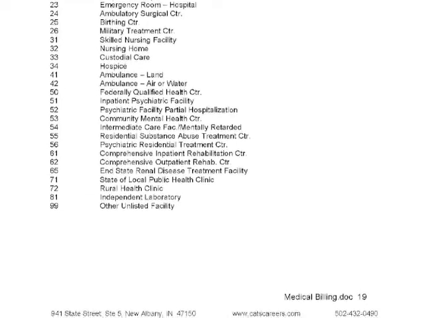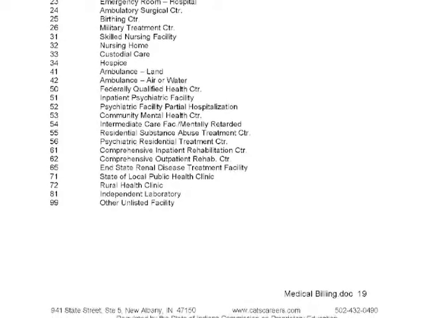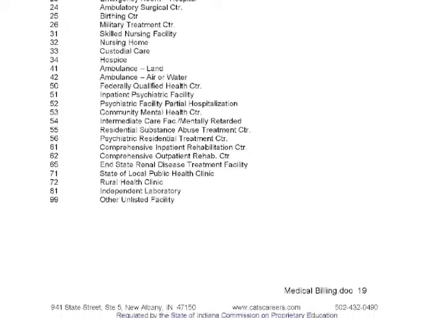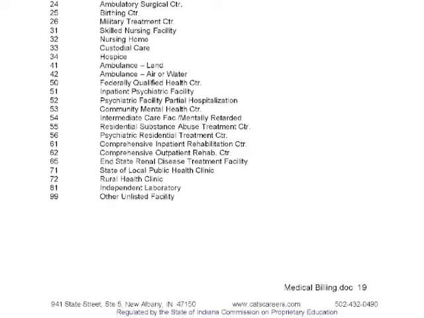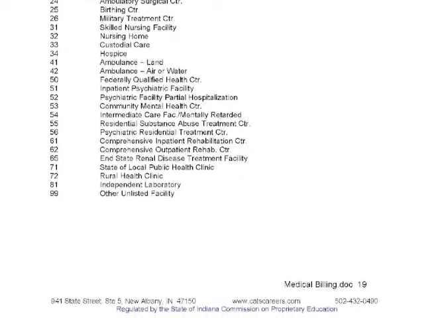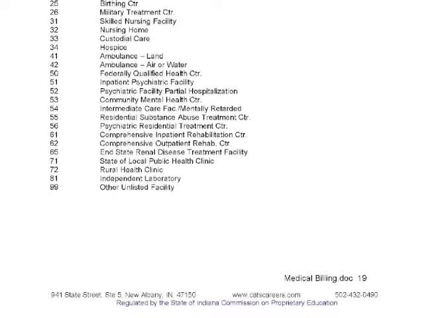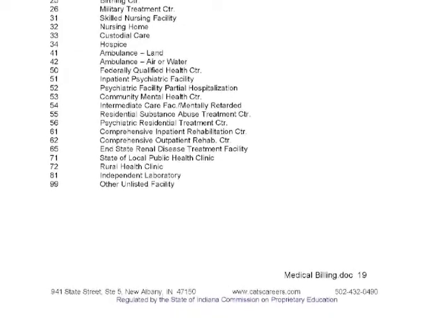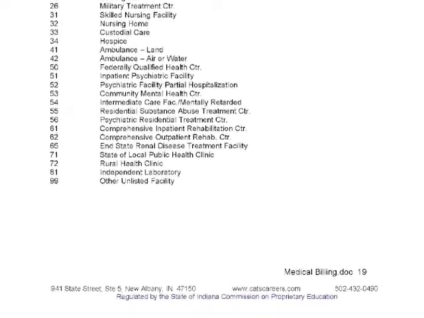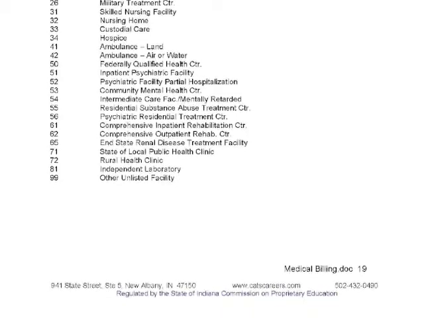That's for dialysis. 71, state or local health clinic, public health clinic. 72, rural health clinic. Once again, that's a federal designation. 81, independent lab. 99, other unlisted facility. Once again, like I said, you will know what facility you are working in.